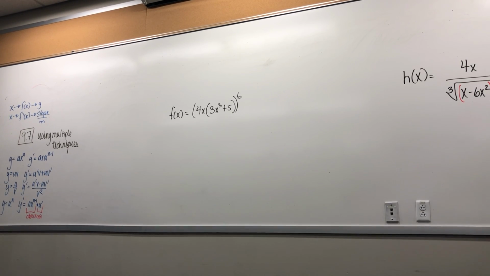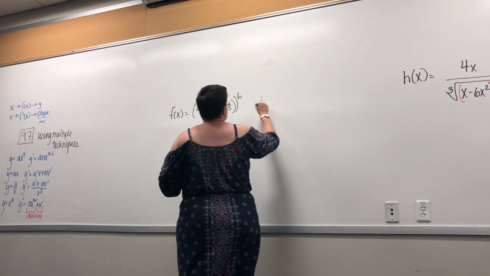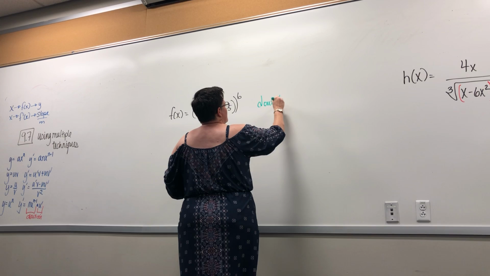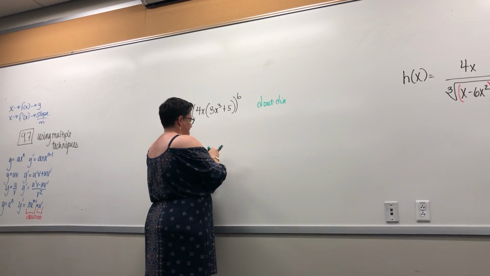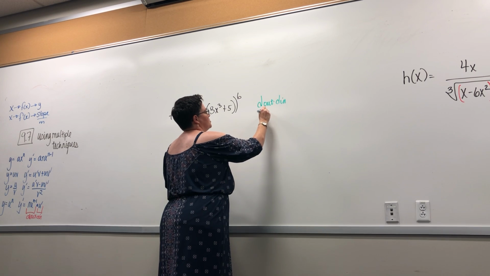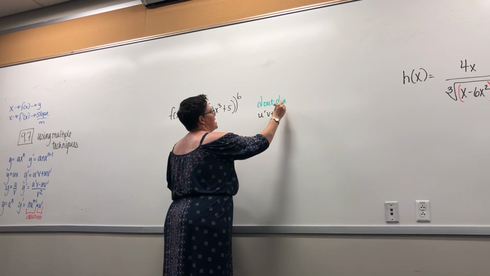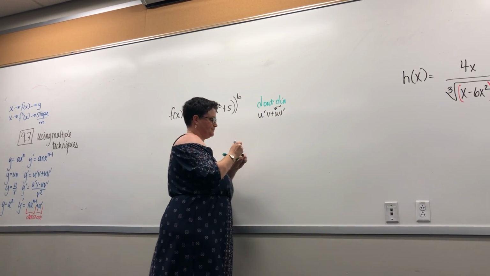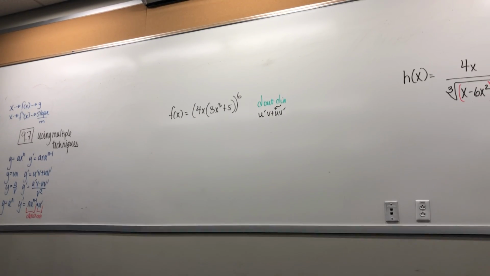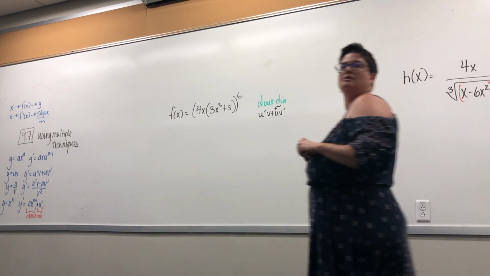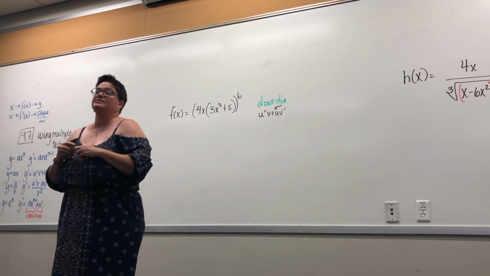It's a product. So we're going to globally use D out DN, but locally, we're going to use U prime V plus UV prime to do DN. So let's start with the derivative. Anytime you have a power, it's D out DN.